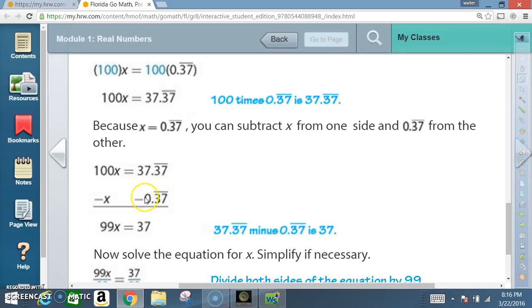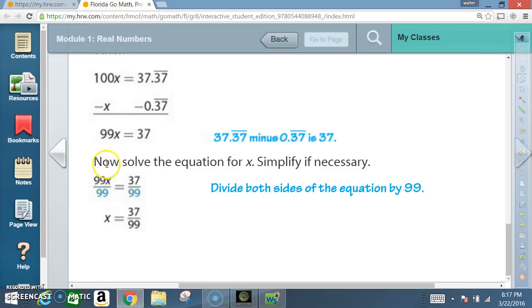So let's subtract 0.37 repeating. 100x minus x is 99x. 37.37 repeating minus 0.37 repeating, this is gone. So you're just left with 37. Now solve the equation for x. Simplify if necessary. So I got 99 times x is equal to 37.